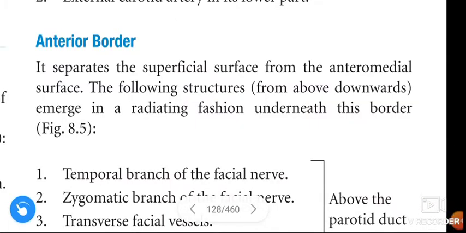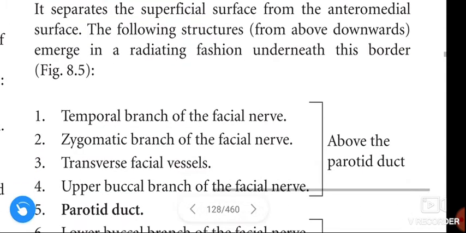Now the relations of the anterior border. The anterior border separates the superficial surface from the anterior medial surface. The following structures emerge from above downwards in a radiating fashion underneath this border.